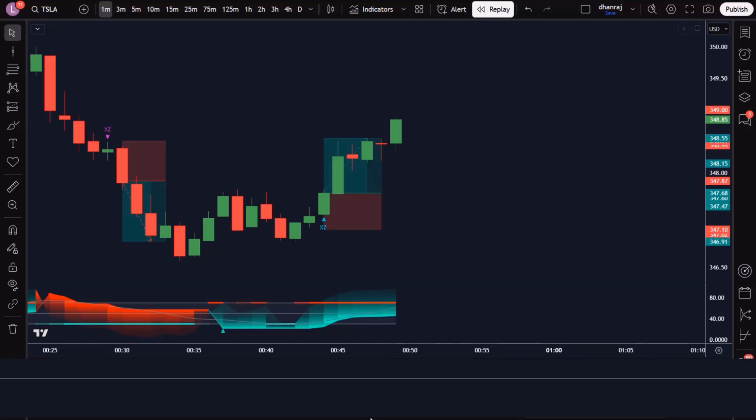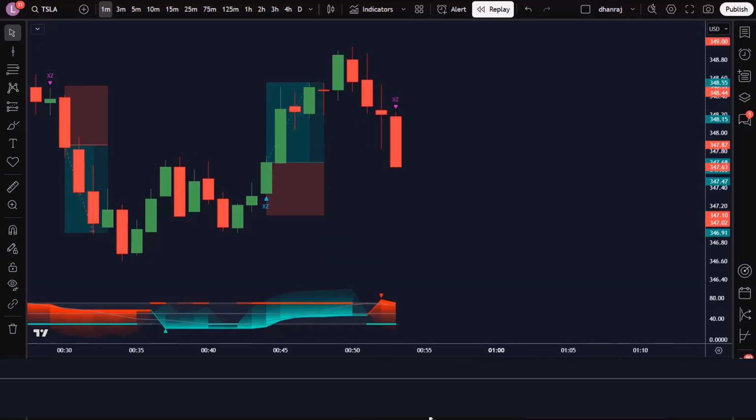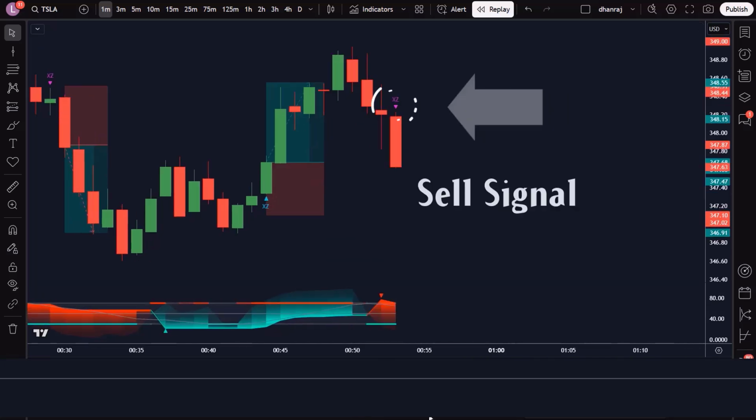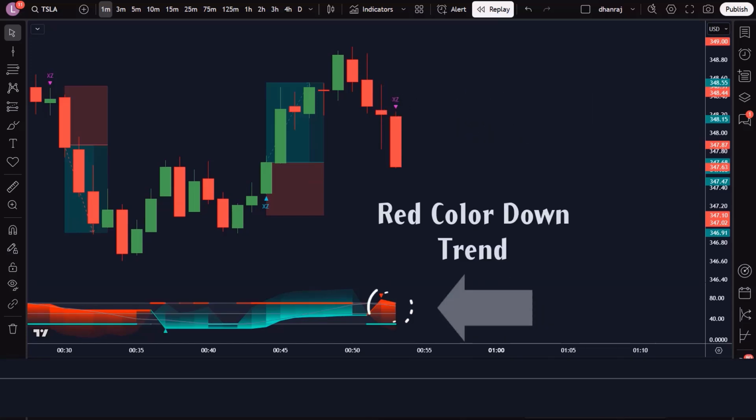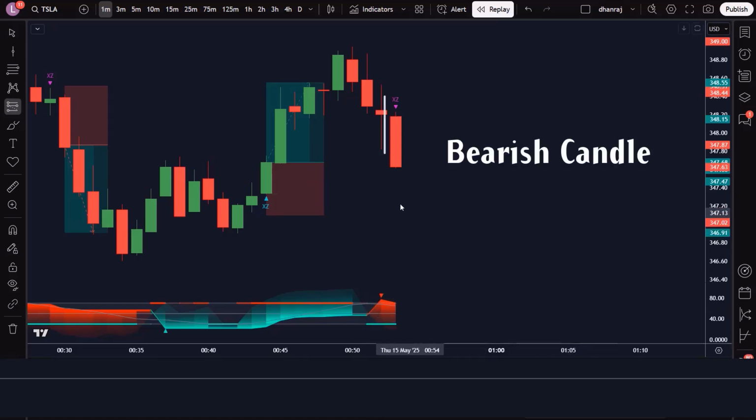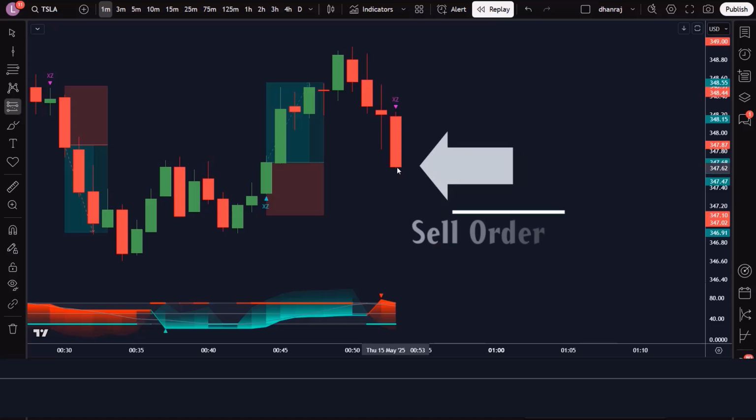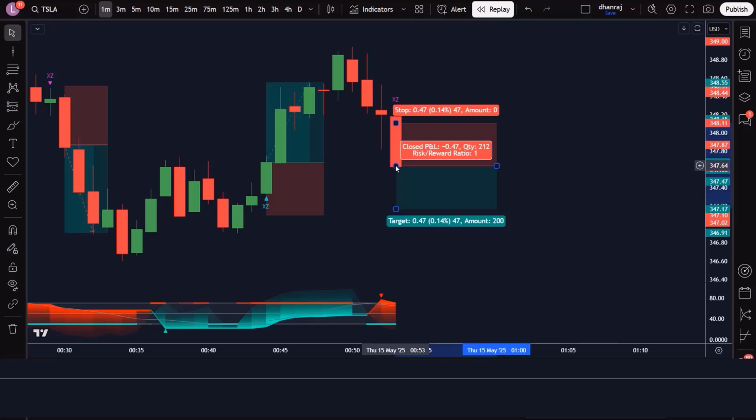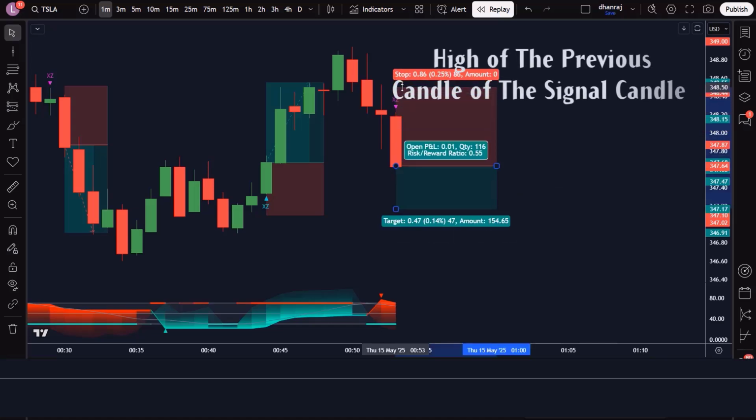We have got the signal. Here the QQE cross indicator gives us a sell signal. Here the super trended RSI indicator is red color downtrend. Here the market has made a bearish candle to give confirmation. So all our conditions are being fulfilled, so we are placing an order to sell. Our stop loss is to be placed at the high of the previous candle of the signal candle.